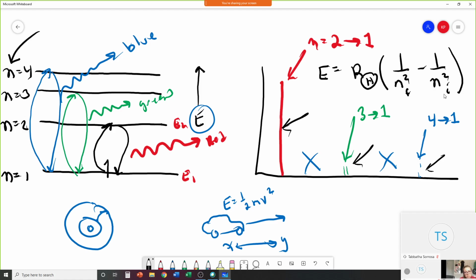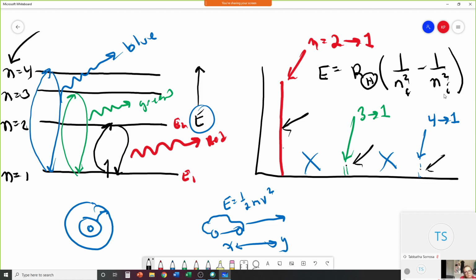It is known out to a high precision. Remember what precision is? Precision is how many decimals you go out. Accuracy and precision are not the same thing. It is one of the most precisely determined constants of everything. I don't know how many decimal places it goes, but it's a long ways. It's a bunch of decimal places. So for a hydrogen atom, you can calculate the position of these lines to an incredibly precise number.